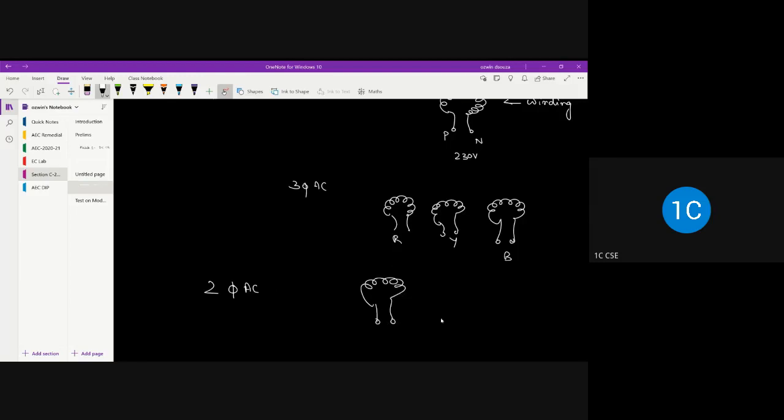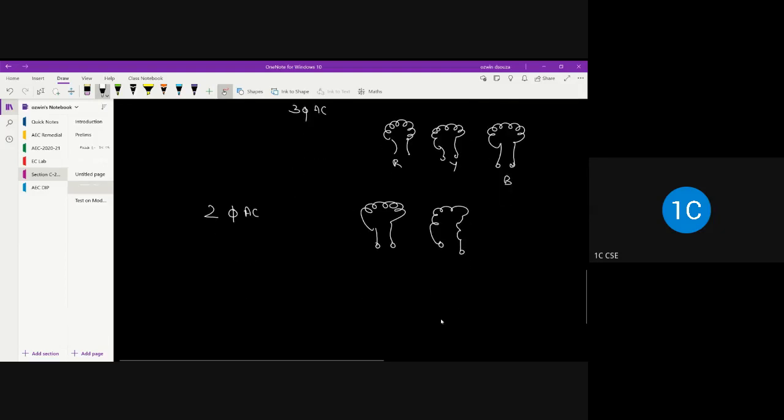Now, you can generate two-phase AC provided the angle between V1 and V2 is around 90 degrees. So if modulus of V1 is equal to modulus of V2 is equal to V, and the angle between the two is 90 degrees, you get two-phase AC.